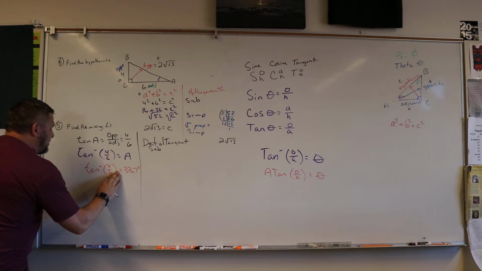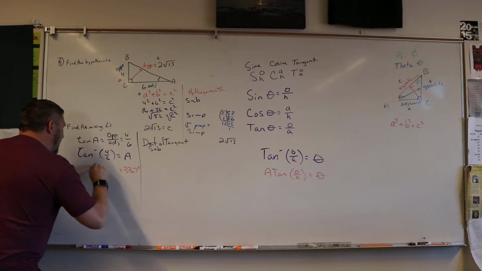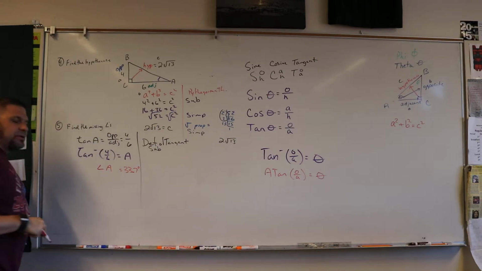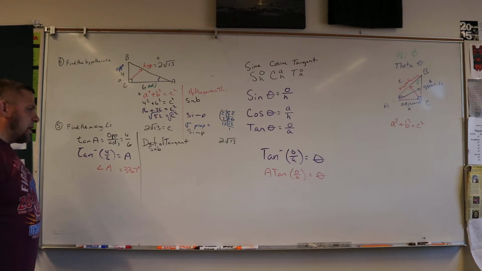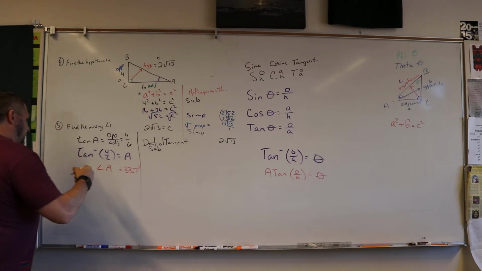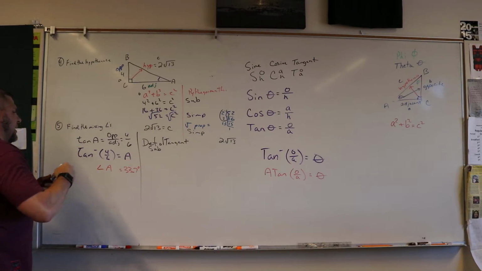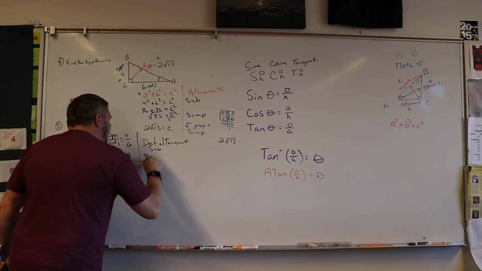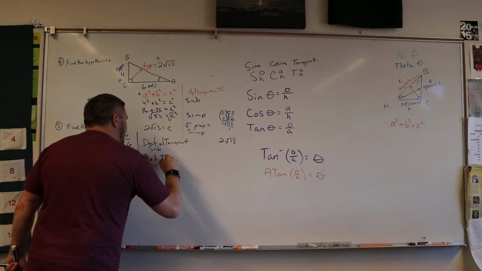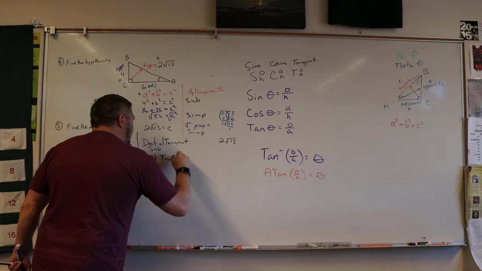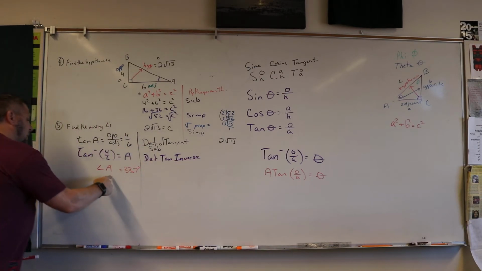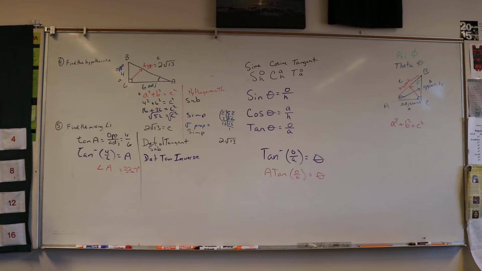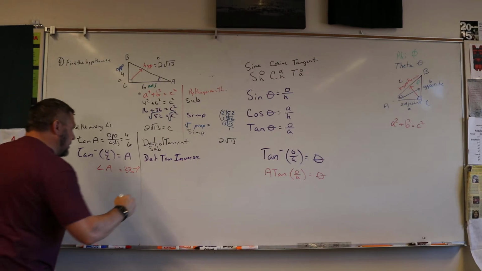So we could actually just say angle A is equal to 33.7 degrees. Probably a better way of saying it. Now, the purple is the definition of the tangent inverse, and then the red is just simplify. You throw it in your calculator.